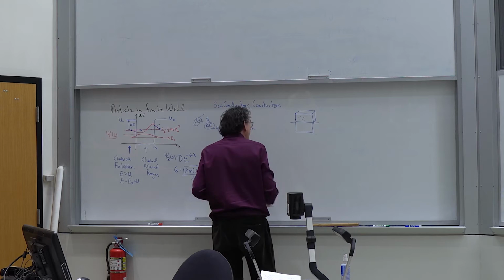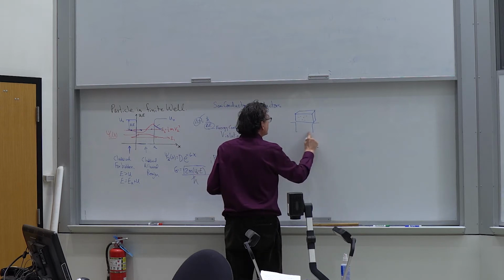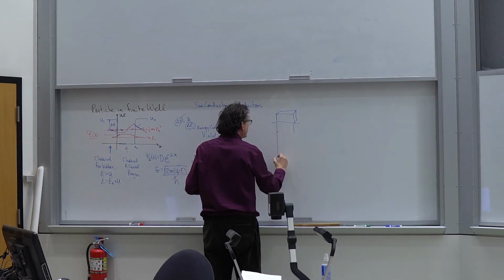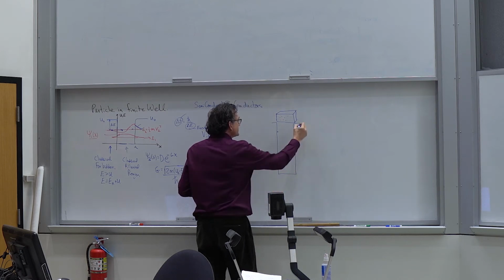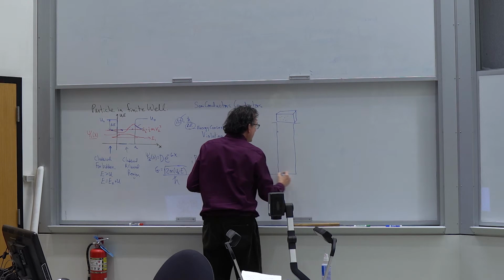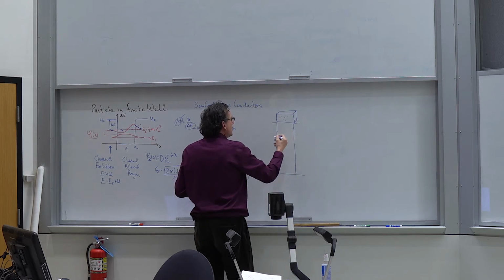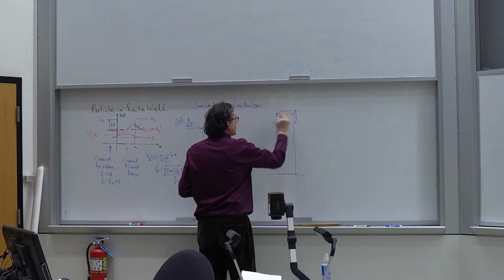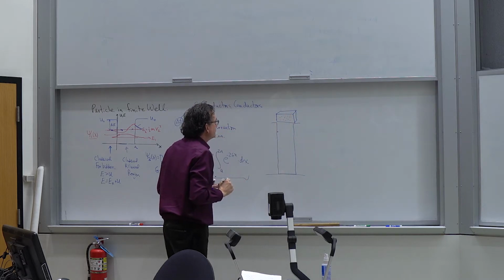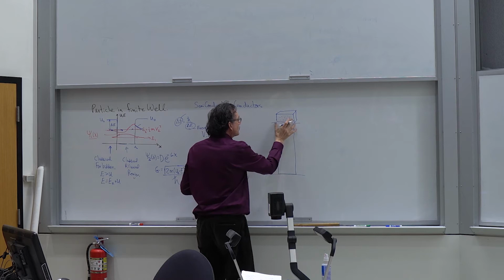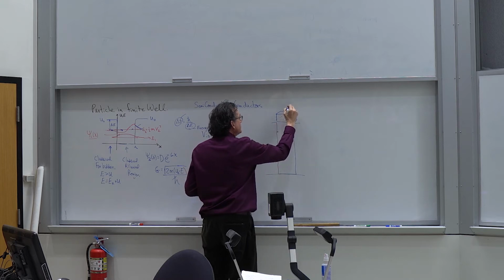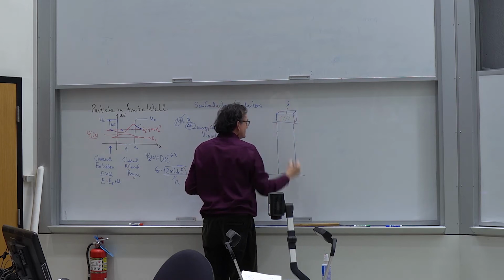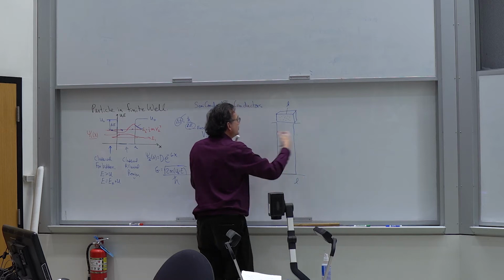In this particular case, we will have an infinitely deep well, so I'm not even going to go all the way down, to where this goes up to infinity. We are going to model these electrons in a copper block or an aluminum block as being trapped in a well of the order of the size of the dimensions of the block, so this is just dimension L. We're going to use this again.